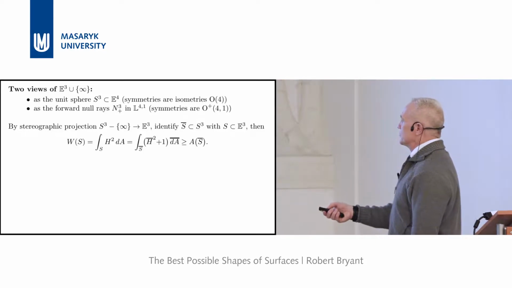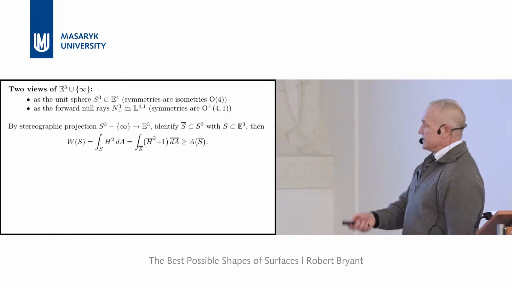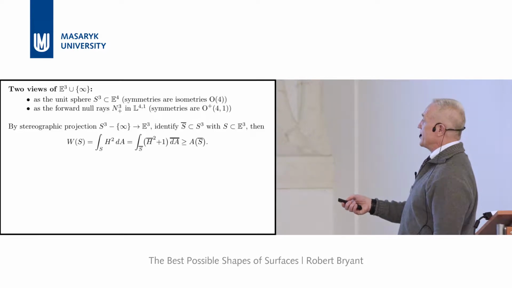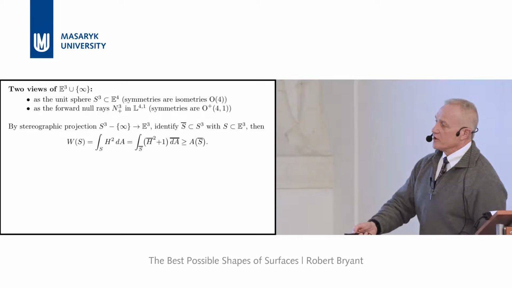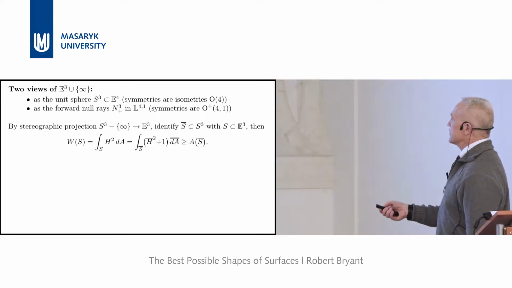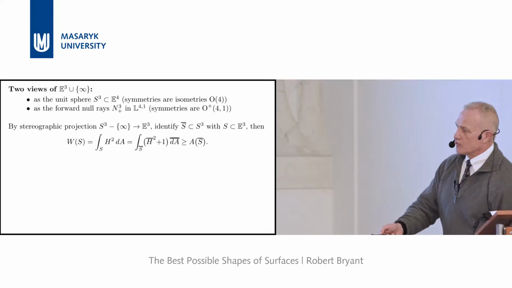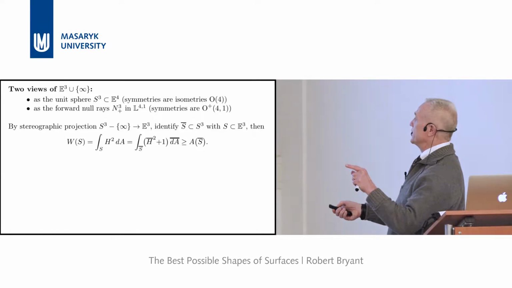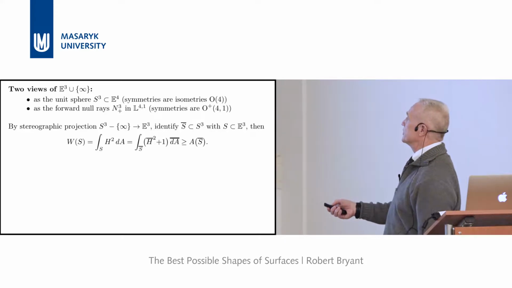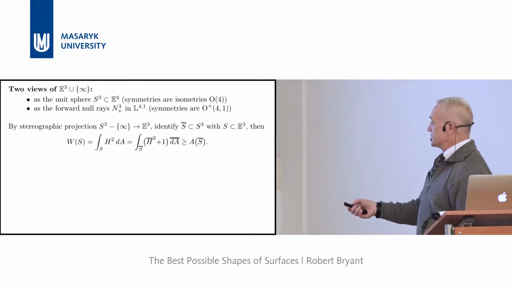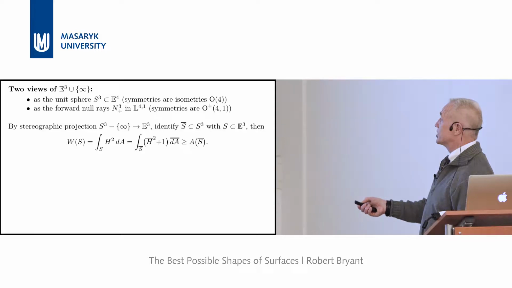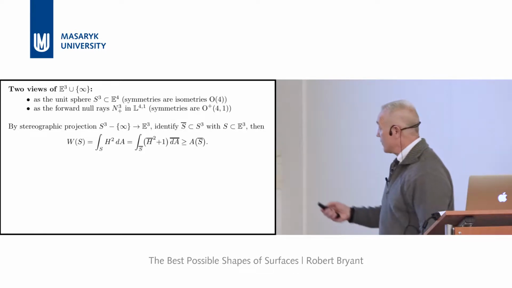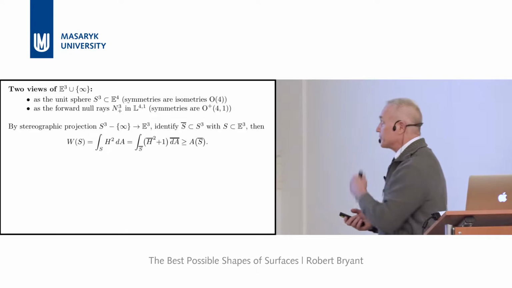It turns out that the Willmore functional on S, which is the integral of h squared dA, when you pull it back over here, works out to be the integral over S bar of the mean curvature in the sphere plus 1 squared times the area in the sphere, which, because this mean curvature squared is always greater than or equal to 0, is greater than or equal to just the integral of the area. So it's greater than or equal to the area of the image surface on the sphere.